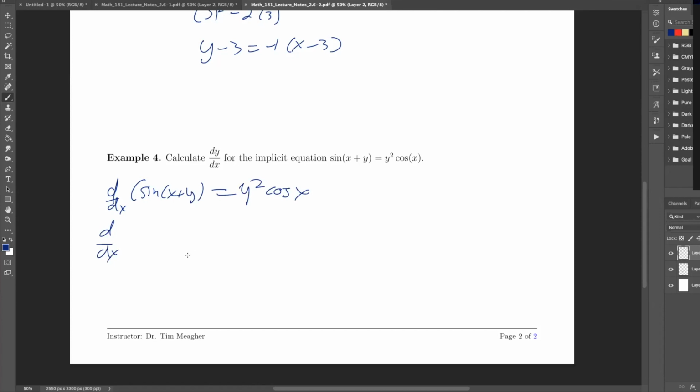So we're going to do this as d/dx of sine of x plus y equals d/dx of y squared cosine of x. We might go like 2 minutes over. So let's do this side first. We'll call this f, and we'll call this g.